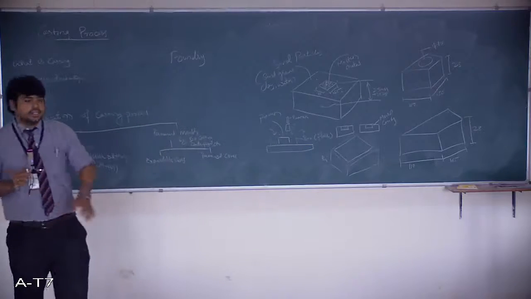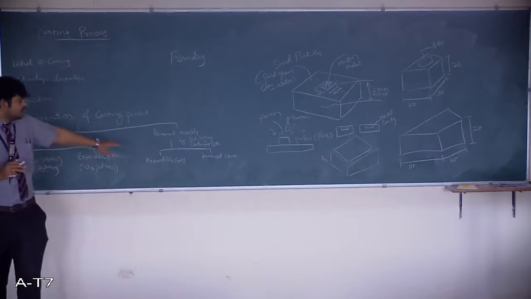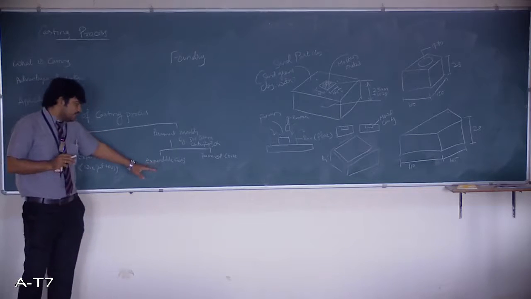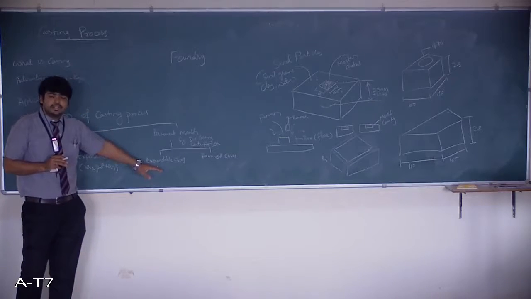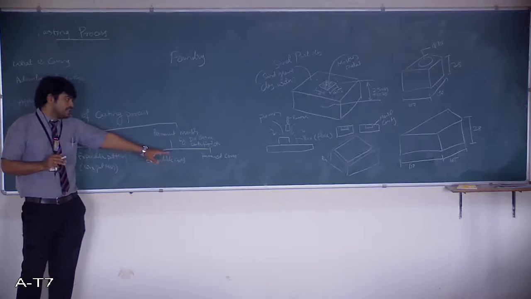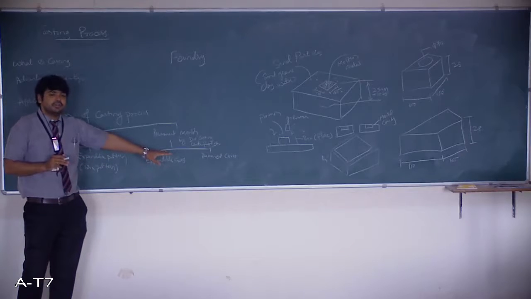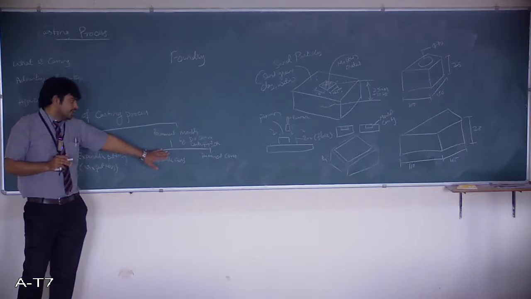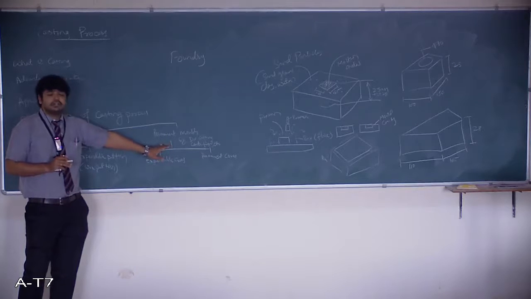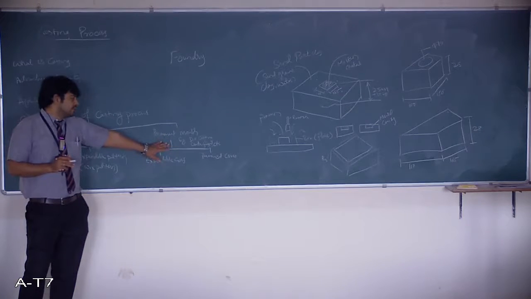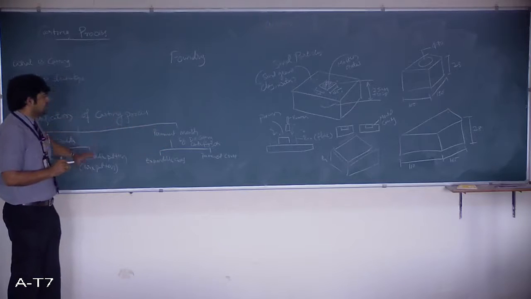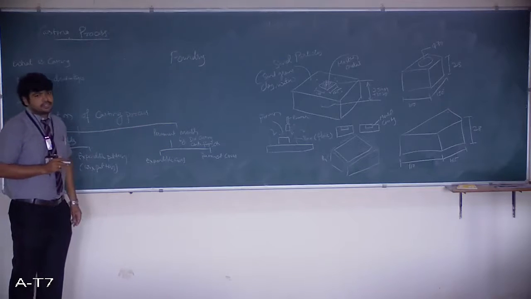That is what is called permanent molds. Again, we have expandable cores, generally made of sand, and permanent cores, which are made of metal itself. These are the classifications. We have centrifugal casting and continuous casting as examples of permanent molds. So this is all about the classification of casting processes.